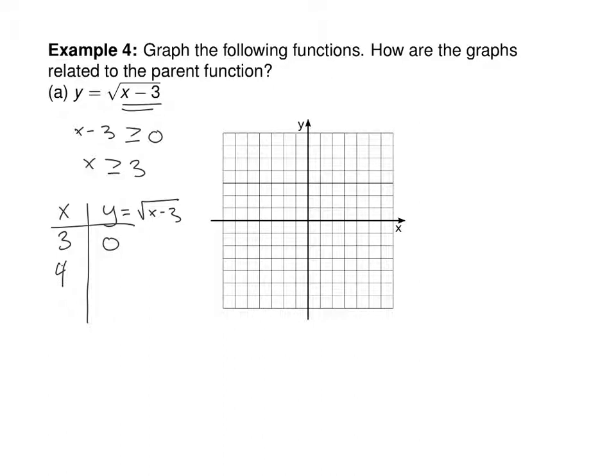Square root of 1 is 1. What's the next number to plug in that's going to work out well? 7. Because 7 minus 3 gives you 4, and 4 roots to 2. So this goes through 3, 0, which is on the x-axis, 4, 1, and 7, 2.